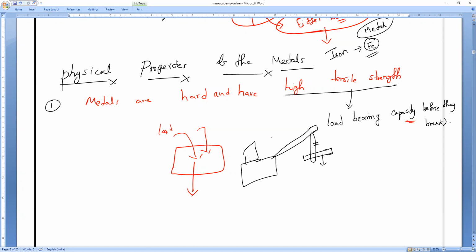You might have heard such accidents in the news. So if the load increases beyond the capacity, it will lose its capacity and fall down. The maximum bearing capacity before they break, that is what we call high tensile strength. Do you all understand, all of you?